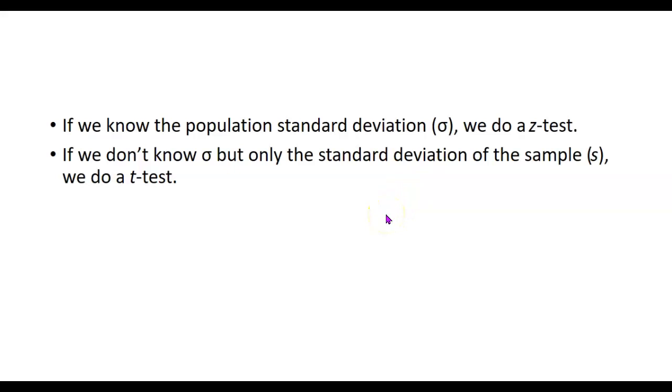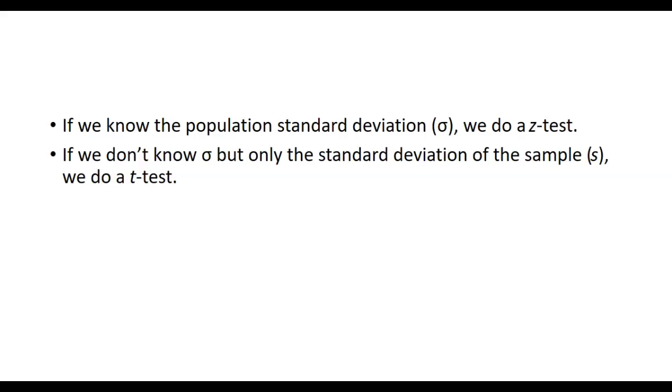There's not a whole lot of difference between them, but it's kind of like when we were talking about confidence intervals. We first did some where we were using the z sub alpha over 2, and then we did some where we had to use t sub alpha over 2 that we looked up on table F. And the difference there and here is whether or not you know the population standard deviation, in which case you can use z, or just the sample standard deviation, in which case you can use t.